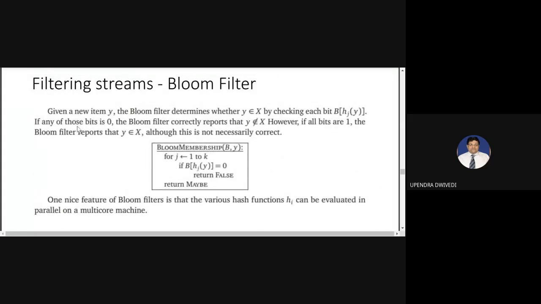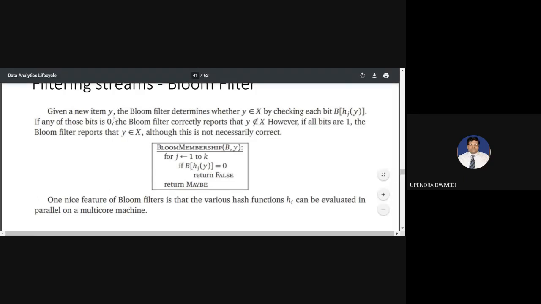Now I will show how to filter the stream. Earlier we discussed the Bloom filter and how we can create one. Now we apply the Bloom filter on the real-time data stream. For a given new item y, y can be any partial sample or tuple from your data stream.